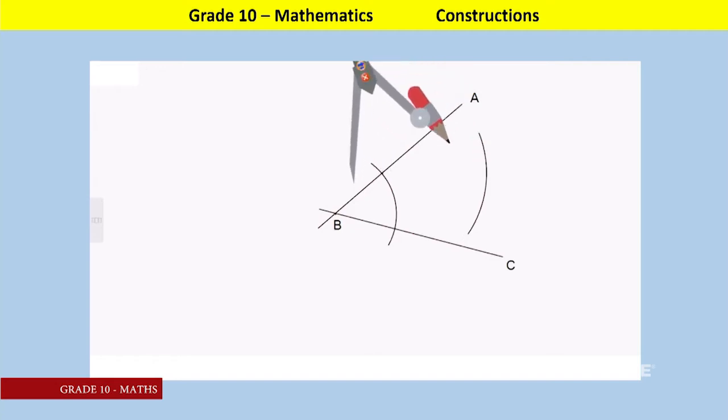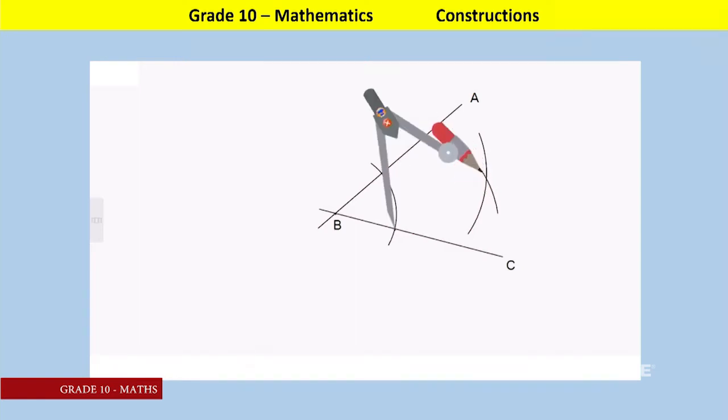Just as the same way, don't change the radius, keep the steel point on new point, draw an arc. 2 arcs intersect at a point. Now, here we found a new point, join B and the new point. That is the bisector of the angle B, or that is the angle bisector of ABC.